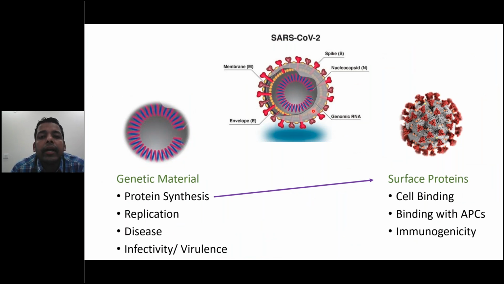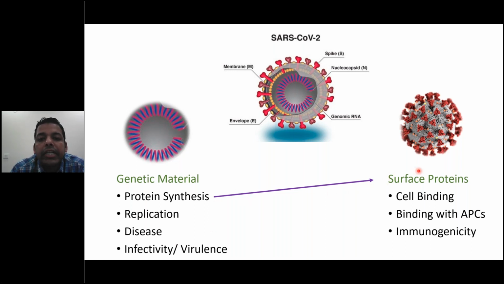So the SARS virus, SARS-CoV-2 or the coronavirus, basically has genetic material and some surface proteins. This genetic material is responsible for protein synthesis. The proteins again may be surface or non-surface proteins. This would then lead to replication, and replication causes disease, which determines the infectivity or the virulence of the organism.